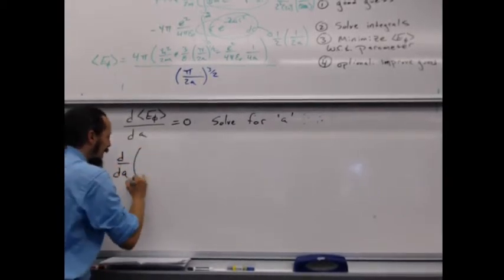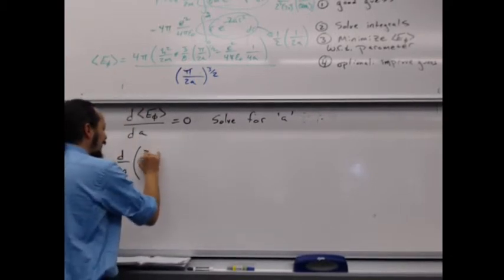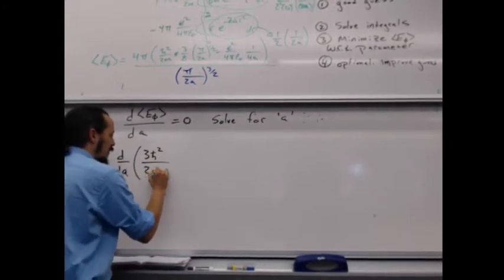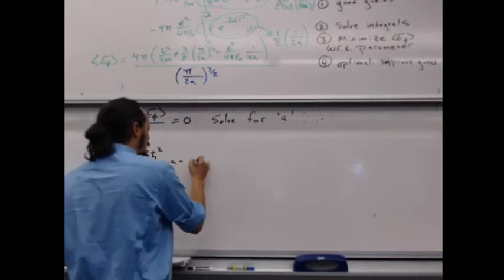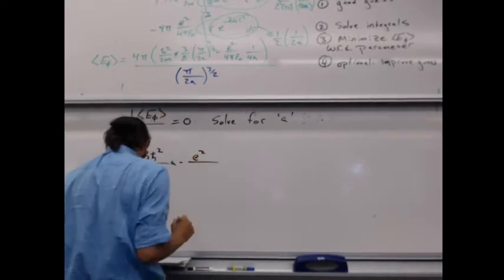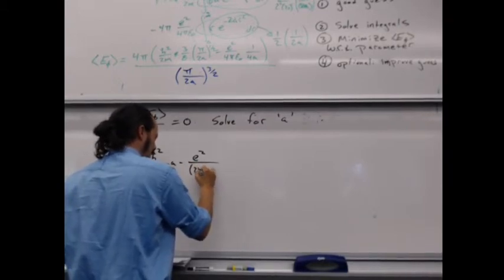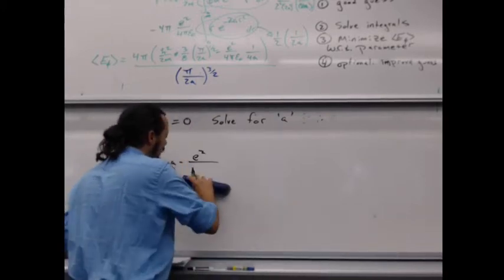And if we do those simplifications, this energy term can actually just be written as 3h bar squared over 2ma minus e squared over 2 pi cubed to the 1/2 epsilon naught square root a.